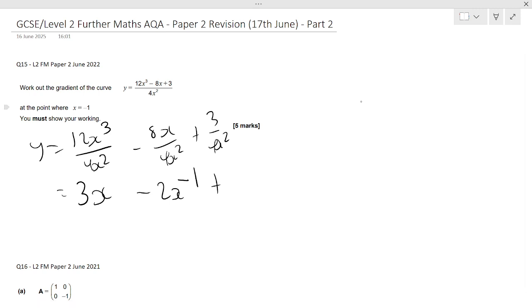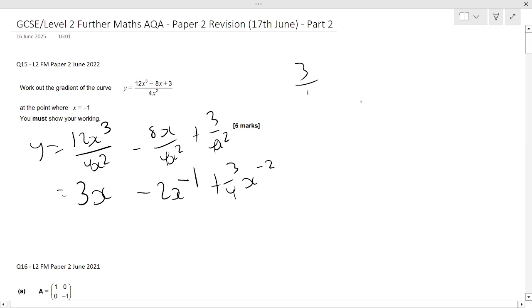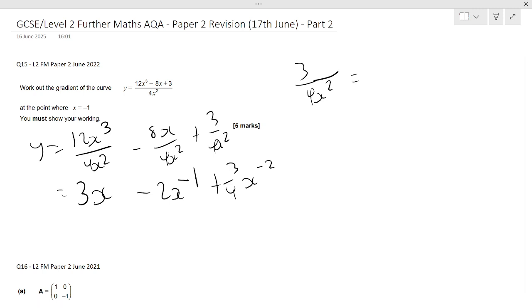And then 3 over 4x squared. Well, again, this is sort of like x to the 0, isn't it? So x to the 0 minus 2 leaves us with x to the minus 2, and that'd be 3 over 4 times x to the minus 2. Alternatively, you could realise that dividing by x squared is a reciprocal, so x to the minus 2 is the same as 1 over x squared, which is what we've got here.